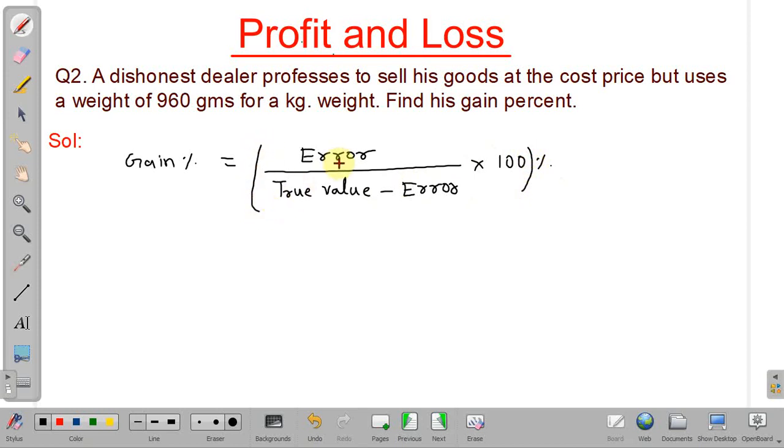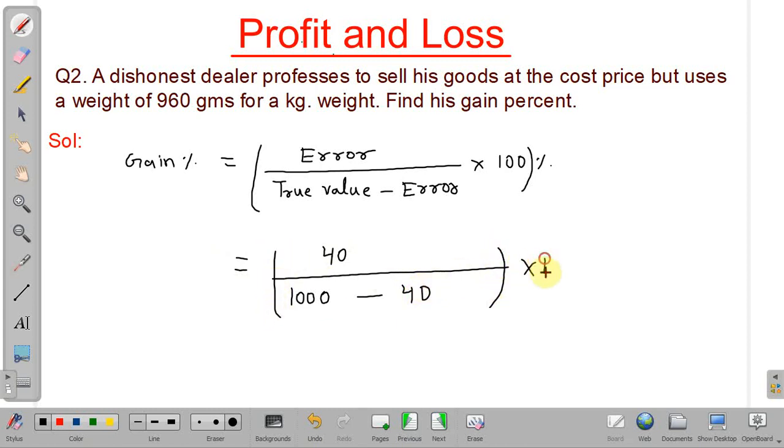So what is the error? Instead of 1 kg he is giving 960 gram, so the error will be 1000 minus 960, that is 40. So 40 is the error and the true value is 1000 gram minus the error, again 40, and we have to multiply by 100 percentage.